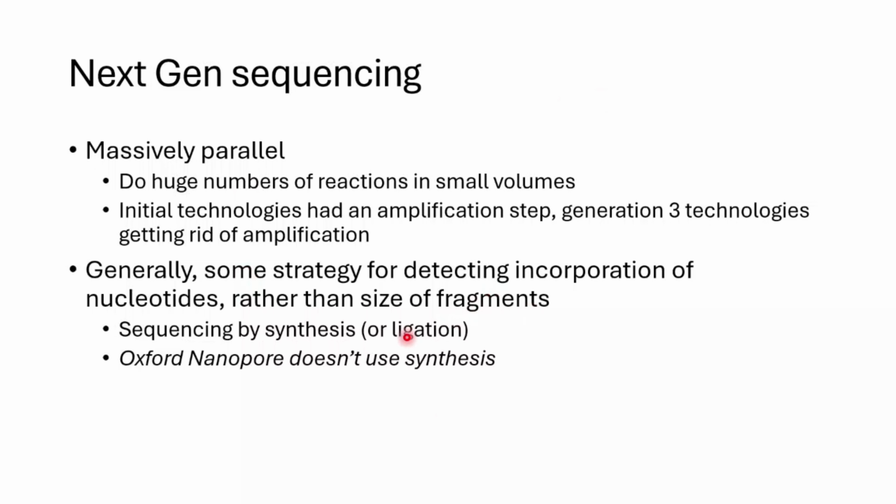Usually, there's 3 methods. The way you do this in second generation sequencing is either through synthesis, so this is what we learned about, the dideoxy, or ligation. So you're ligating probes sequentially until you get the full signal. The only one that does not do that by synthesis is Oxford Nanopore.